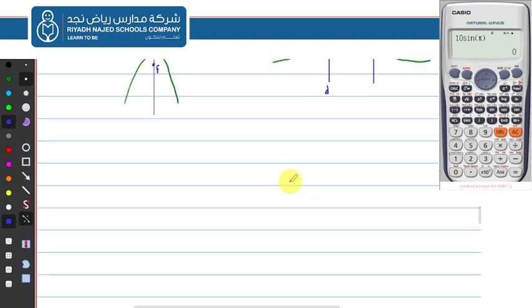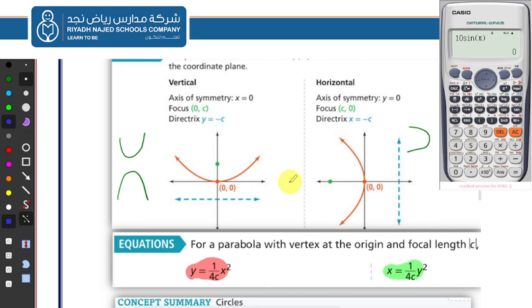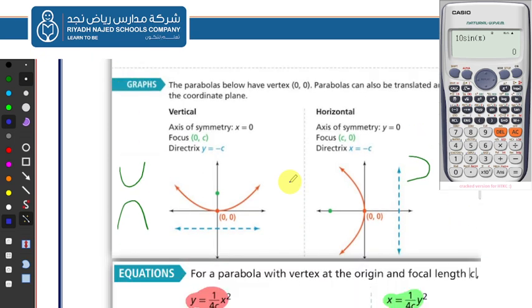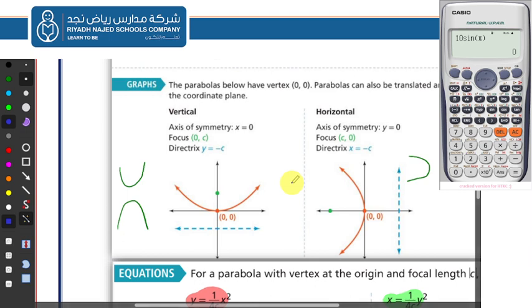For these examples in the lesson, you can see that the coordinate system is represented with black lines, and that the vertex is exactly at the origin.